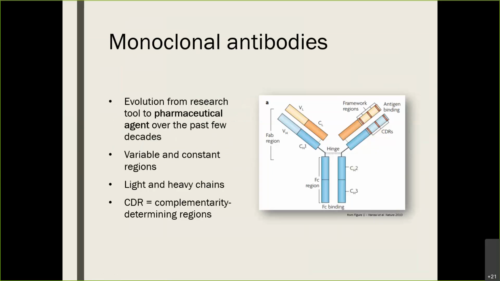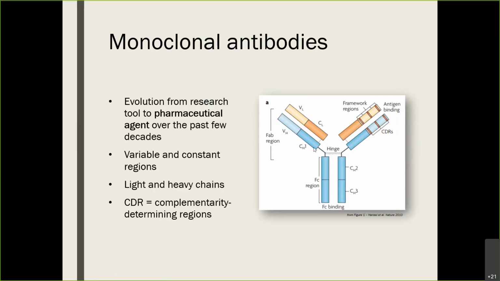Monoclonal antibodies, looking at evolutions of research, used back in the 70s and 80s as flags in research labs, now being transitioned more as pharmaceutical agents and have been in use for, at this point, decades, which is very nice. Here's kind of the standard structure of a monoclonal antibody using a variable and a constant region.